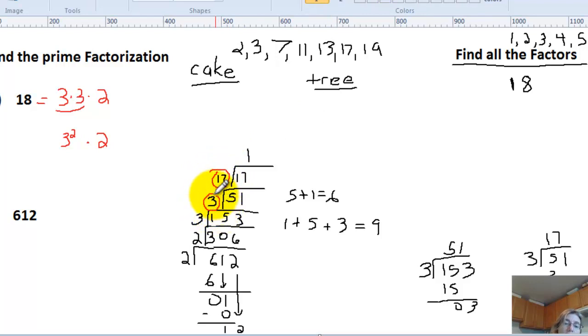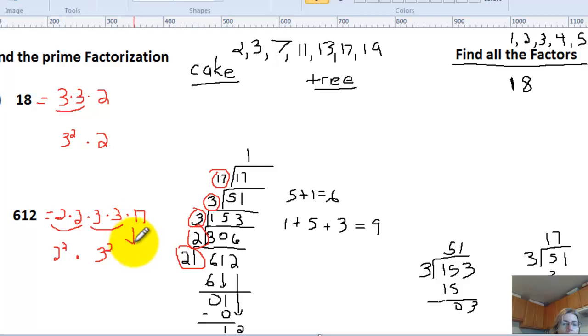My prime factors are 17, 3, 3, 2, 2. So we have the prime factorization is 2 times 2 times 3 times 3 times 17, which then becomes 2 squared, because you have to put it in exponent format, times 3 squared.